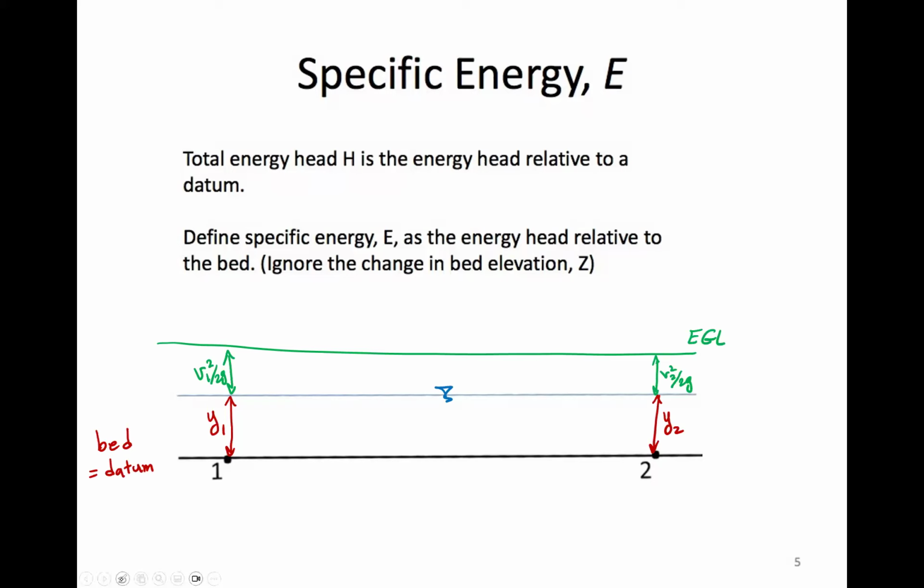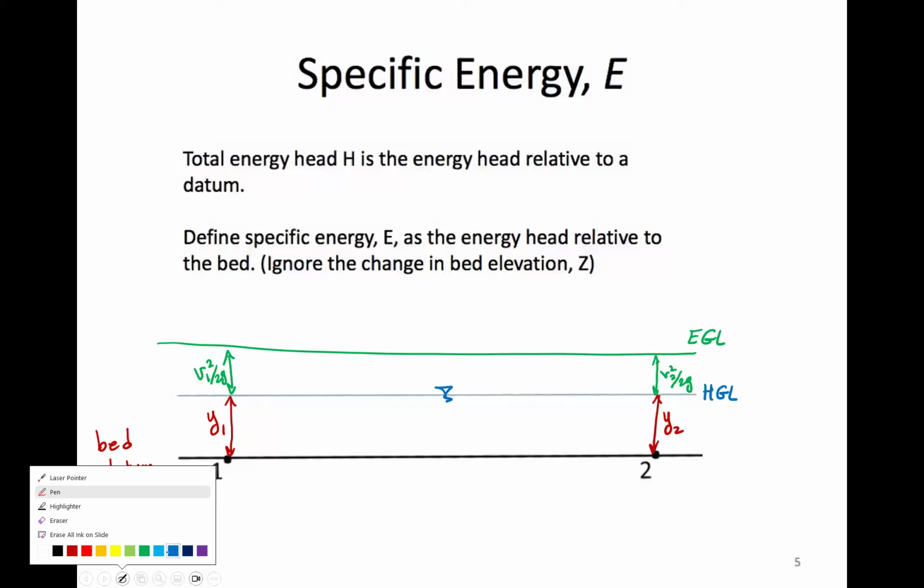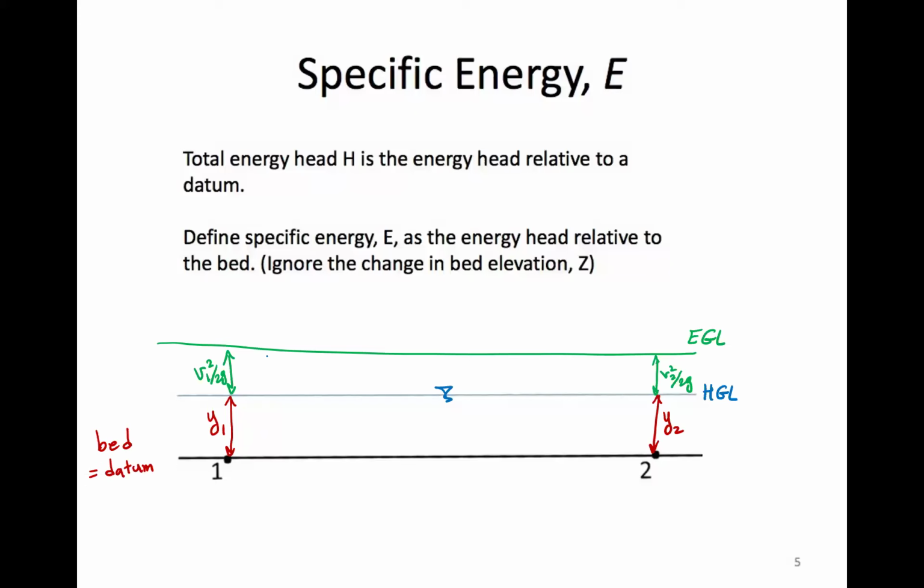And by the way, the water surface is HGL, assuming hydrostatic pressure. Right? And what is the new concept that we are defining here? We're saying that our total energy at section 1 is equal to this height, E1, and at section 2 is equal to E2.